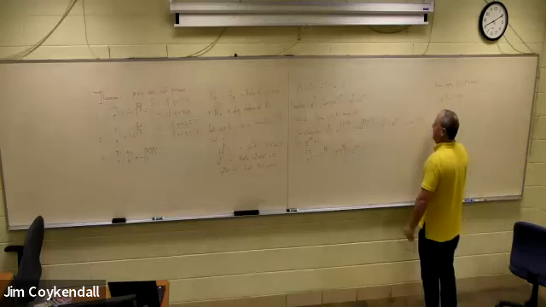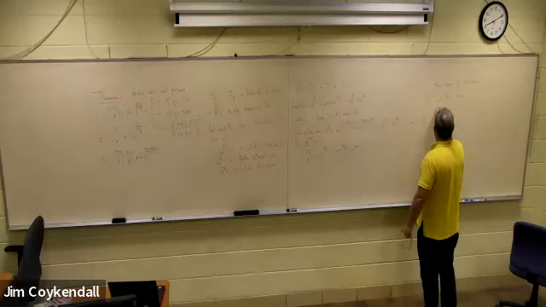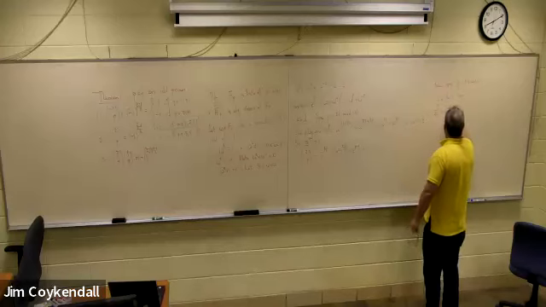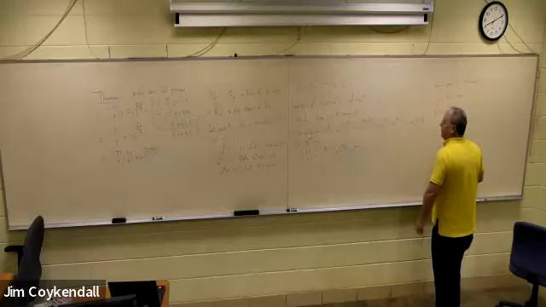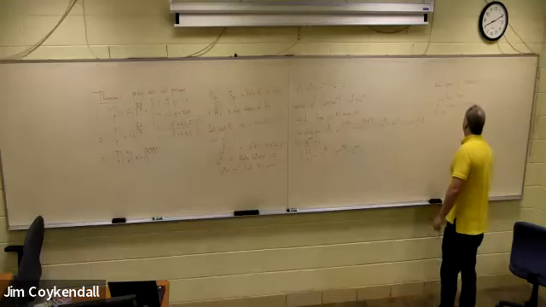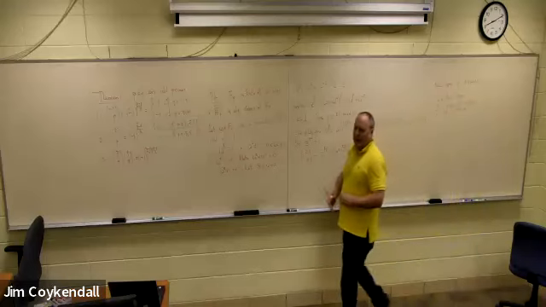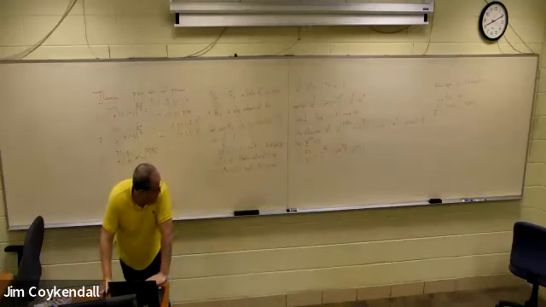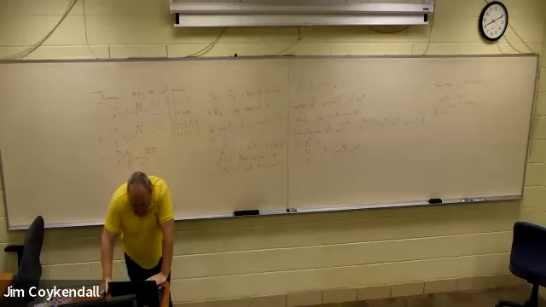We get Z to the P is omega to the plus or minus 3 plus 8K, plus omega to the minus or plus 3 plus 8L. And again, we get the same sort of business with the 8s, right? Because omega to any multiple of 8 power is 1 because it's an 8th root of unity.